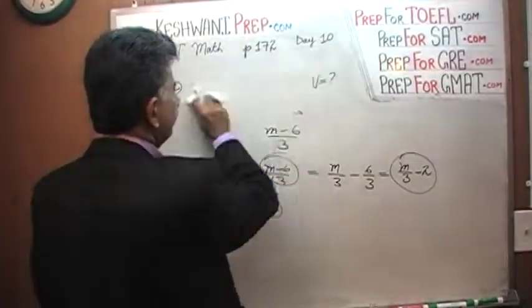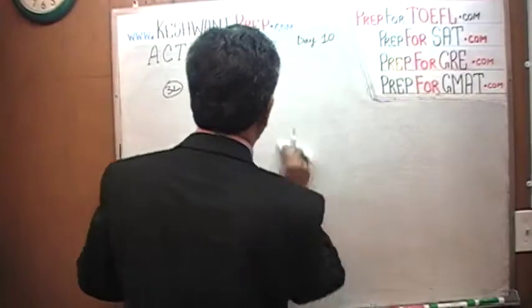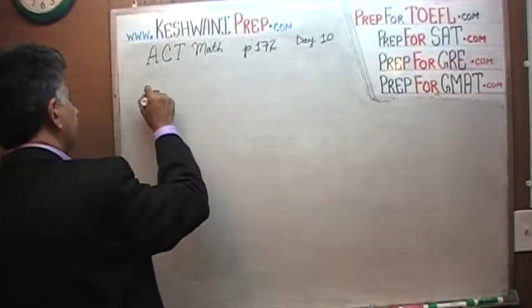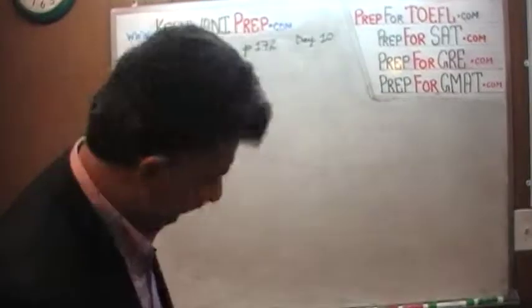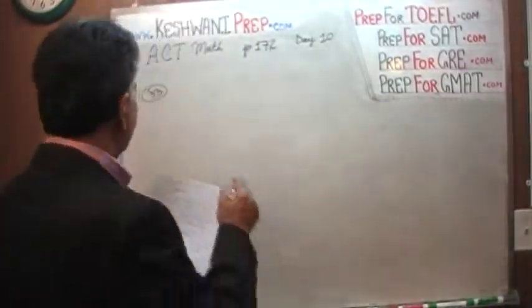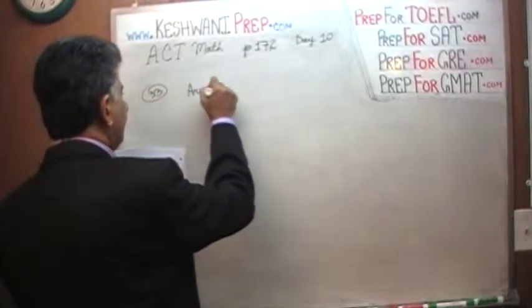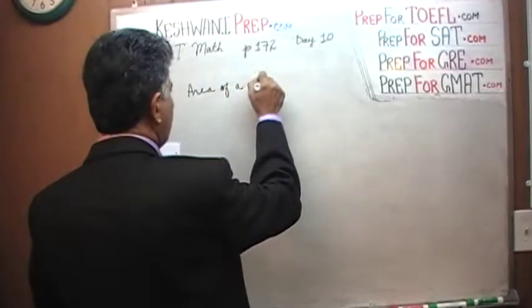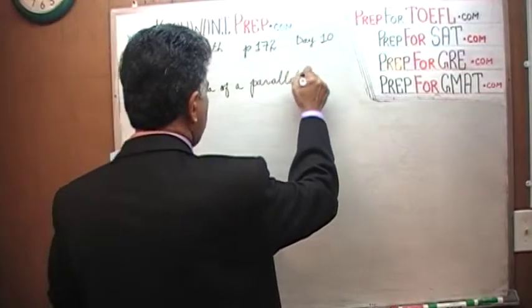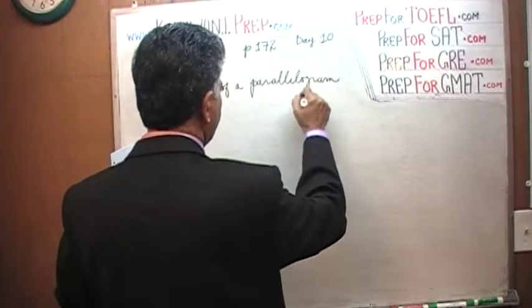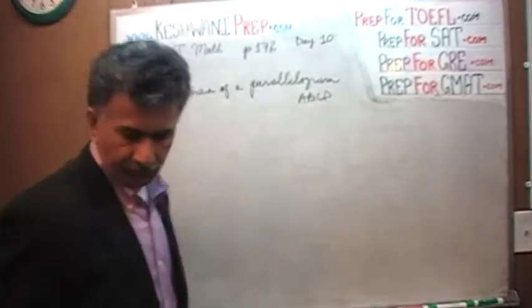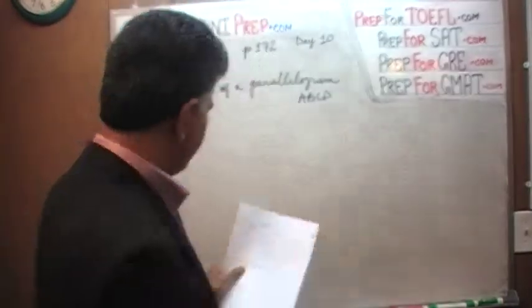Number 33. They are looking for the area of a parallelogram ABCD, which looks something like this.